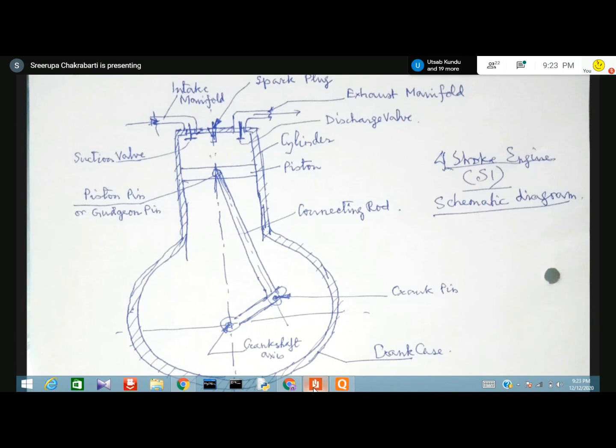where it is used. Have you seen showrooms in marketplaces like Goriahat? Yes, sir. Garment shops or jewelry shops, where you will have small Honda type gensets.